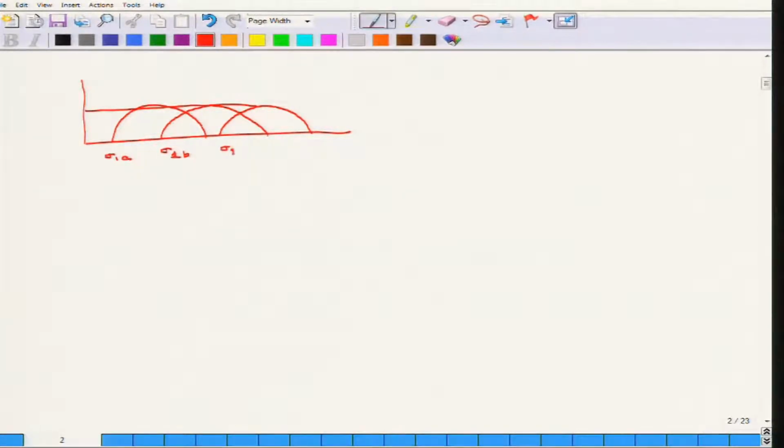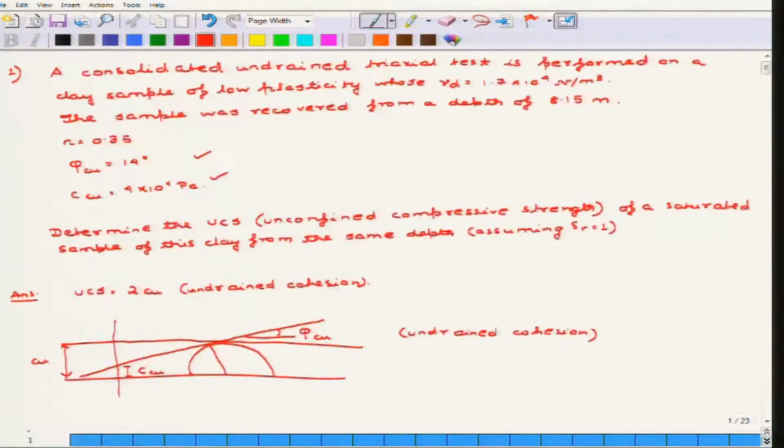So irrespective of whatever the pressure is, your Moore circle here, the failure line is always a horizontal line, and it has a phi equivalent to 0, and this value is equivalent to Cu. So that is what I have also drawn here, that this value is actually equivalent to Cu.